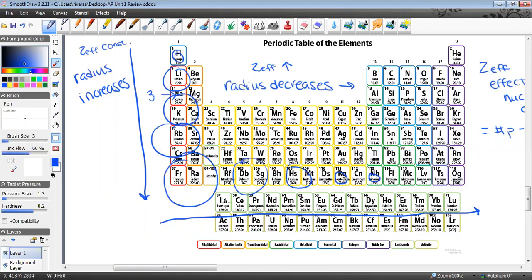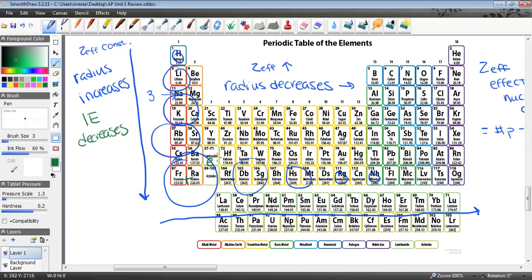If you understand radius and this Z effective conversation, ionization energy and electronegativity will totally make sense. So when we go down a group, ionization energy decreases. Ionization energy is the amount of energy needed to pluck off those valence electrons. Think about it.